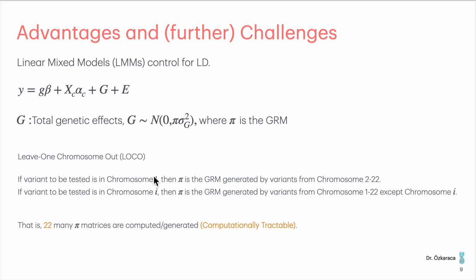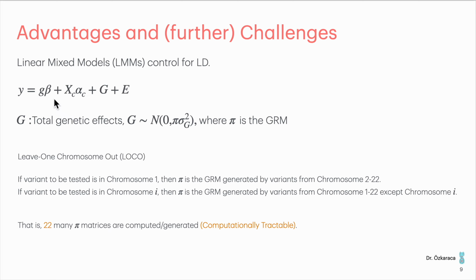So we exclude chromosome 1. If a genetic variant that is going to be tested is in chromosome I, then I use all autosomal chromosomes except chromosome I. And that would lead us to 22 pi genetic relationship matrices.